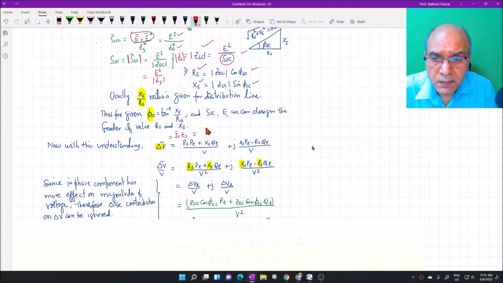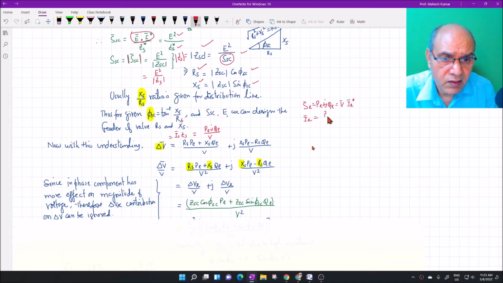IS is nothing but PL minus J QL by V. Without presence of compensator, IL is same as IS. So therefore IL is nothing but PL minus JQL by V conjugate. Since V is reference phasor, V conjugate is same as V and V bar is same as V. So this becomes PL minus JQL by V.